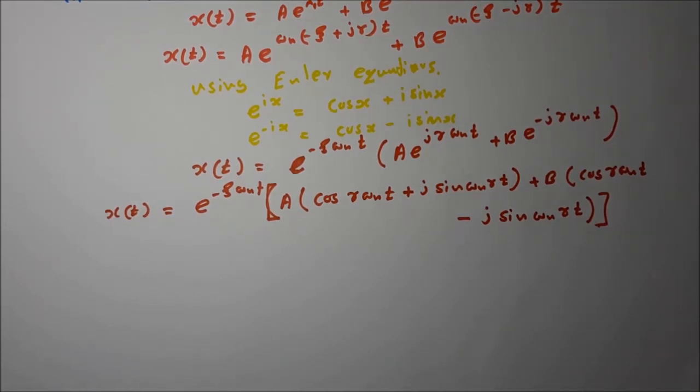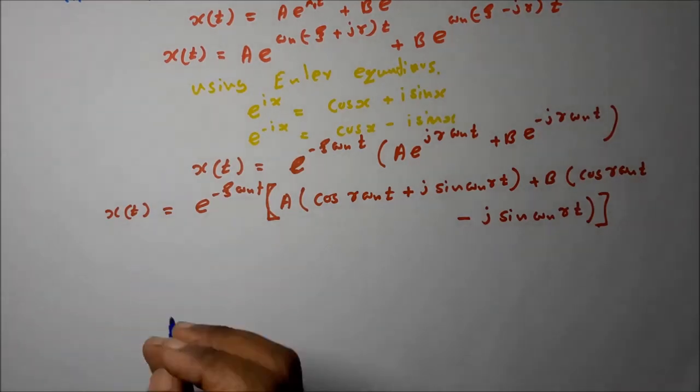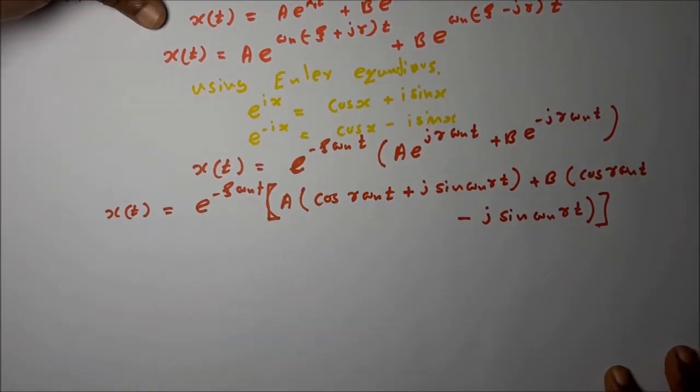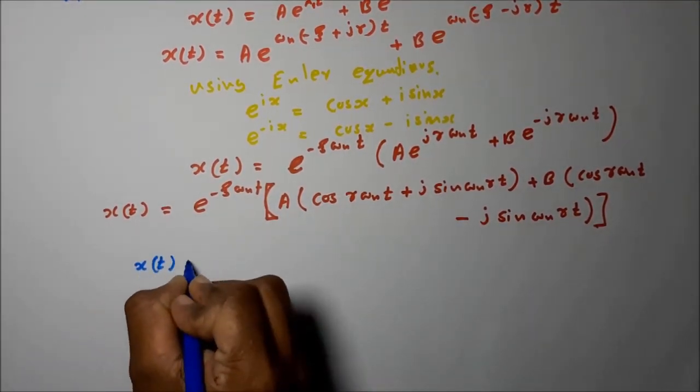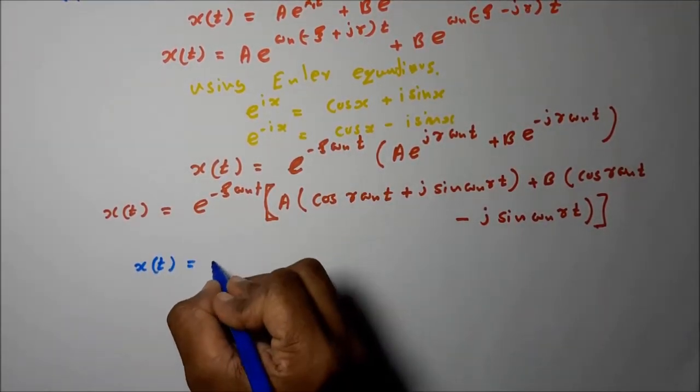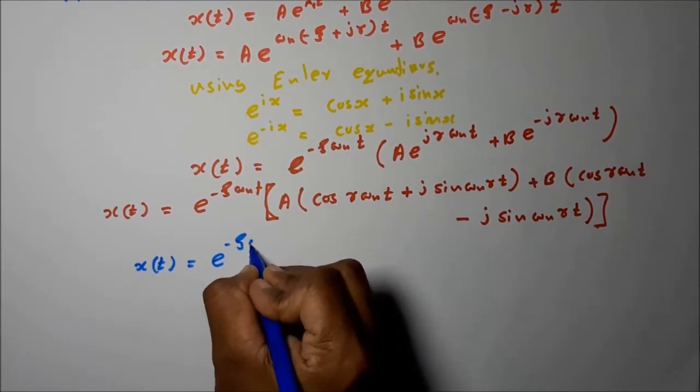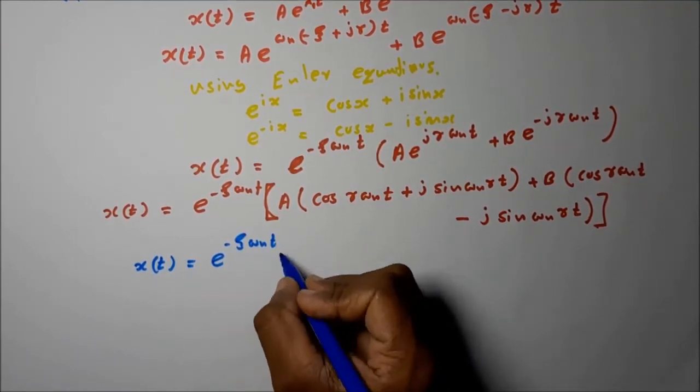Then we can further simplify this equation. x(t) is equal to e^(minus theta omega n t).